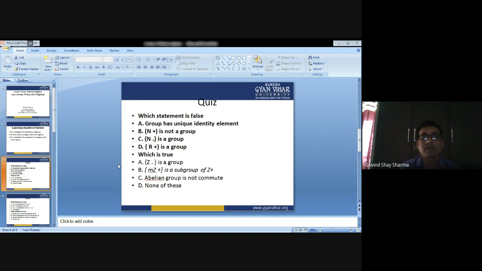And dot is a group, where dot means product, for the multiplication operation. I think dot is not a group because it does not have inverse elements, so this is not a group. So option C is right, which is the false statement.